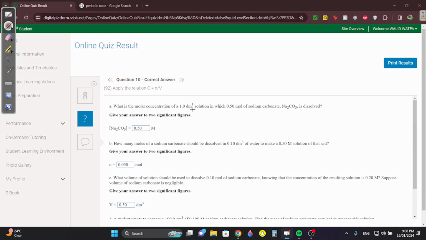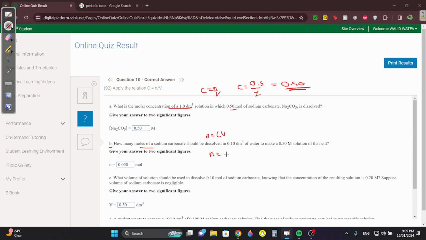What is the concentration of the 1 dm³ solution? Concentration C equals n over V. So C equals the moles 0.5 divided by 1 equals 0.50, two significant figures. How many moles? n equals CV.